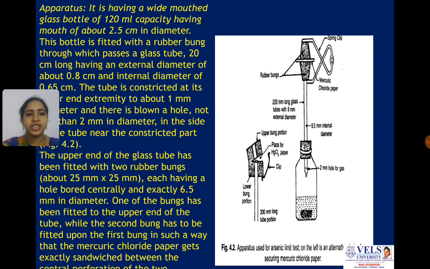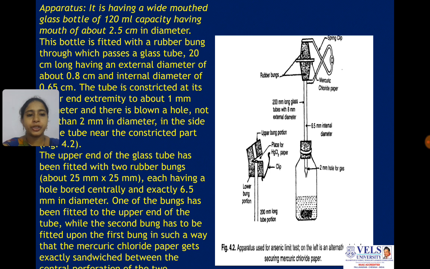The tube is constricted at the lower end to about 1 mm in diameter, and there is a blowhole 2 mm in diameter at the side of the tube near the constricted part. That is useful for the escape of water vapor or other gases.